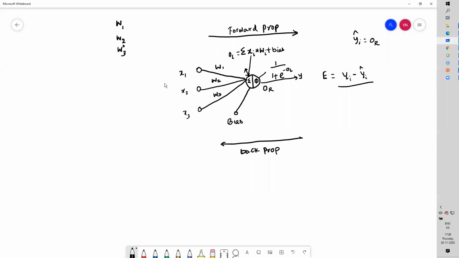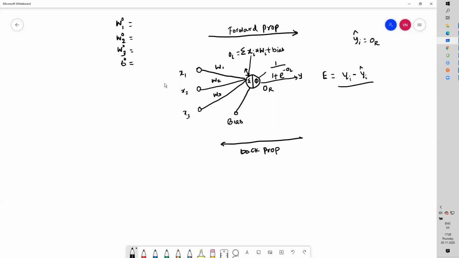Let's call this W1 at 0 iteration. We would randomly give some values, and also the bias, bias for the first iteration 0, and complete this forward prop.